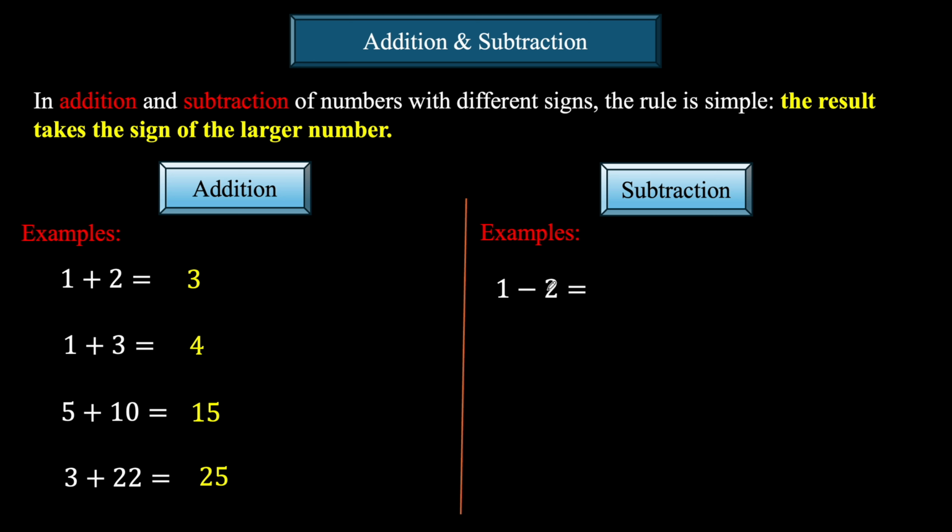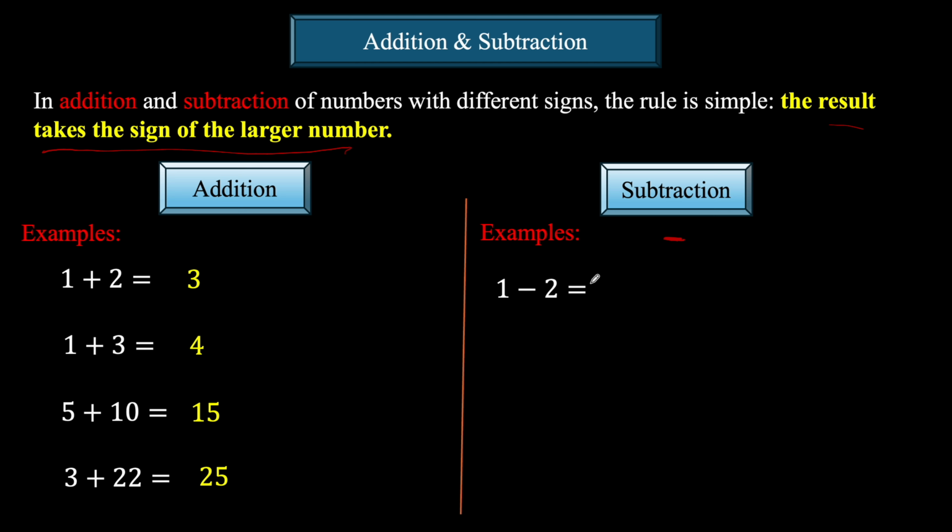We have 1 minus 2. So as I told you here, the result takes the sign of the larger number. Here, what is the larger number? 1 or 2? Forget the minus. It is 2. Okay, so we have 2. We have the minus, so it is the sign of the largest number.